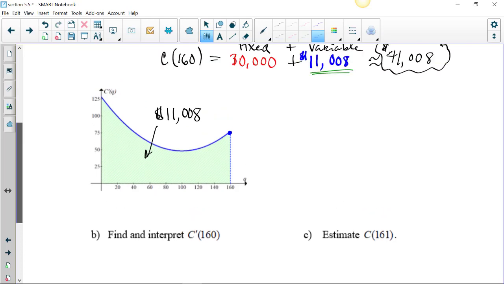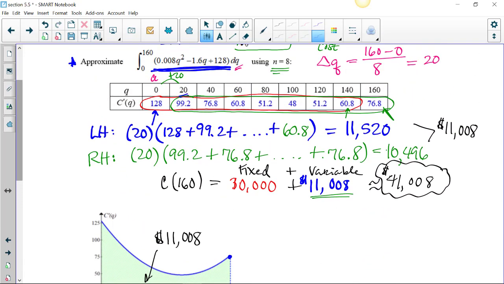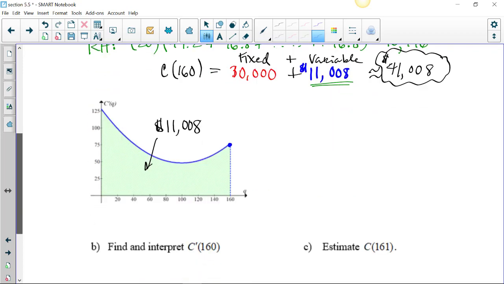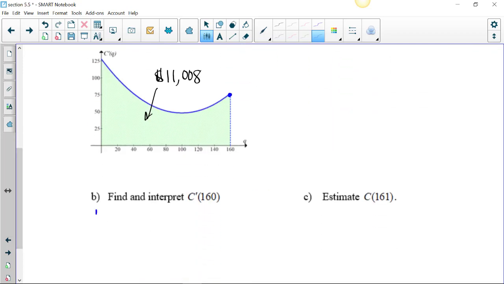And the table says the exact value from substituting in. If we're at a production level of 160 items, the marginal cost is $76.80. Okay, so C prime of 160 is $76.80.